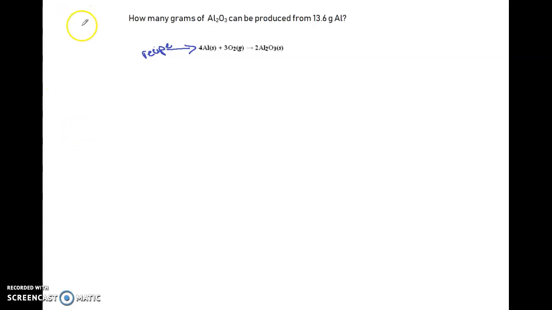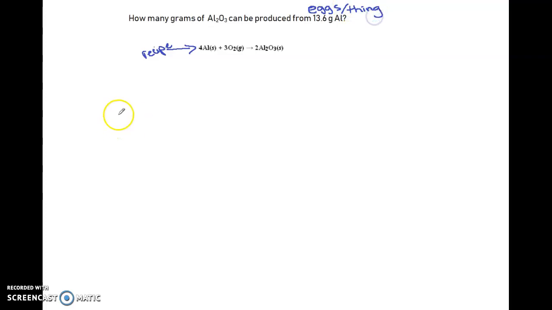So how many grams of aluminum oxide, so you want to make sure you can find those, aluminum oxide is right there, can be produced from, so that's saying I'm really starting with this. So this is my thing one, or I like to think of it as my eggs. How many eggs, or thing one?